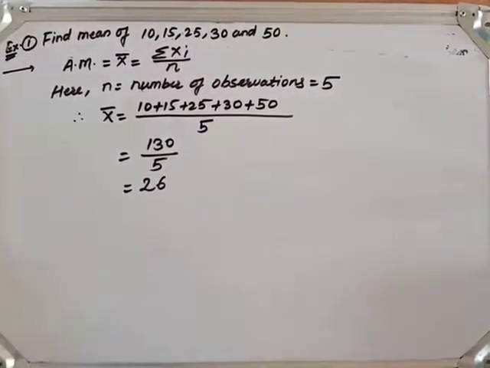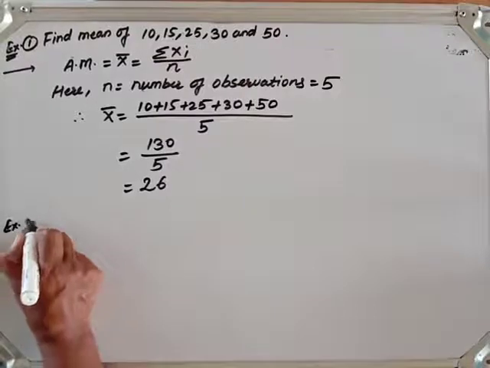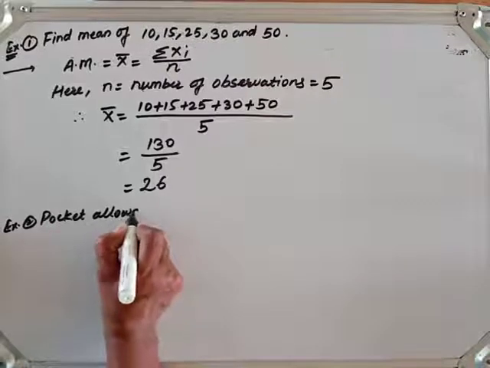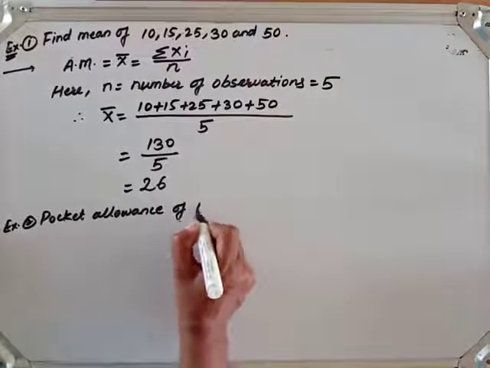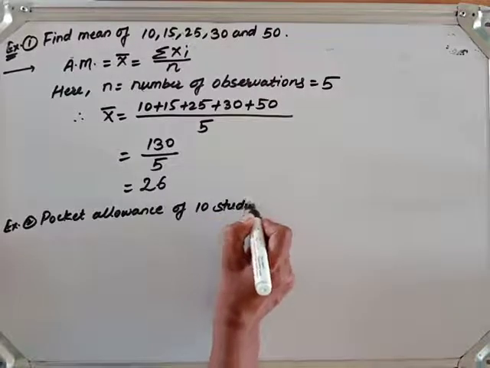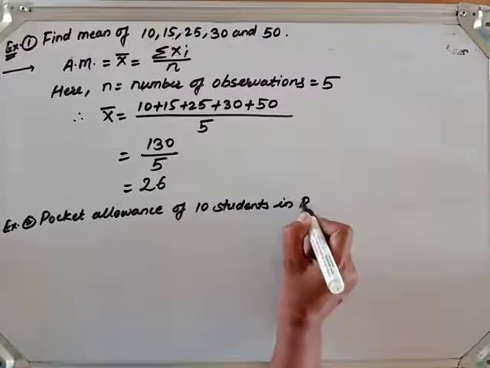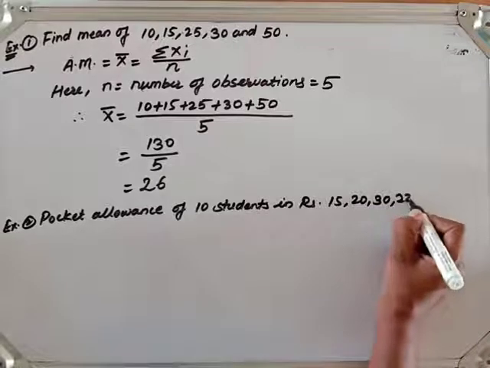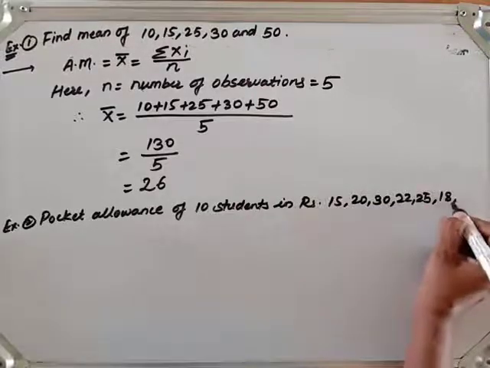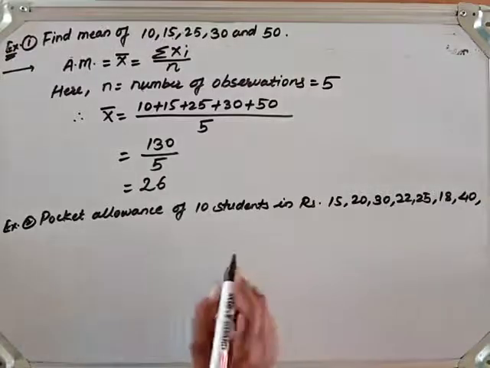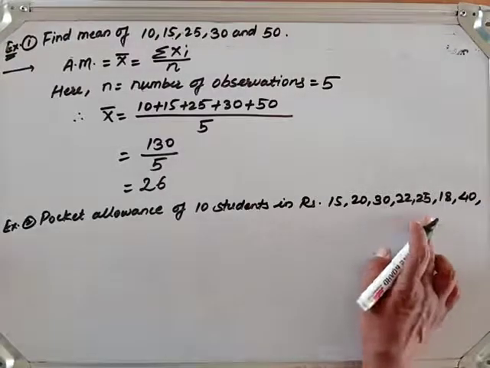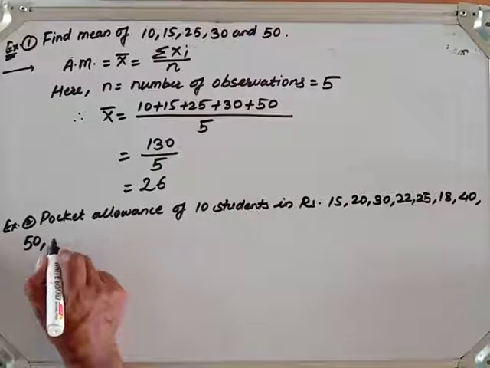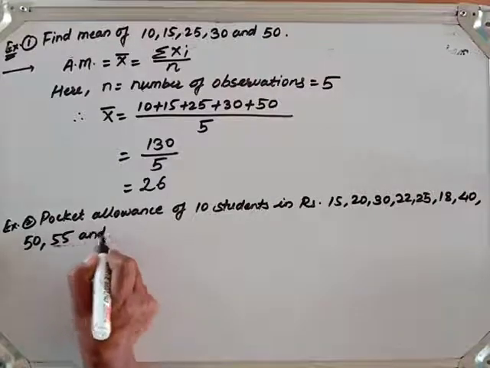Now let me take one more example. Second example: pocket allowance of 10 students, in rupees: 15, 20, 30, 22, 25, 18, 40, 50, 55 and 65.